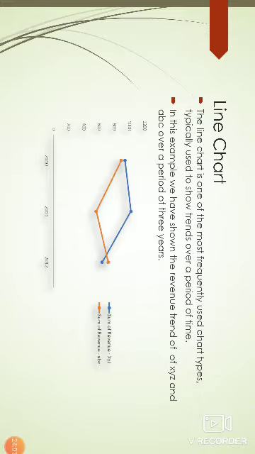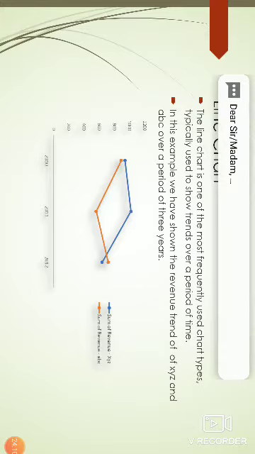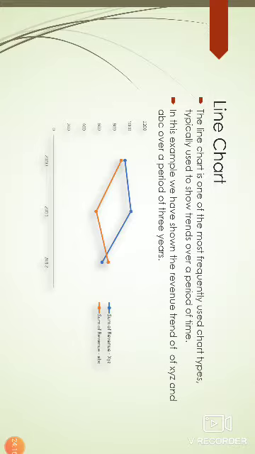Here the orange color line indicates sum of revenue ABC, and the blue color line indicates sum of revenue XYZ. So it shows the revenue trend of XYZ and ABC over a period of 3 years: 2010, 2011, 2012.